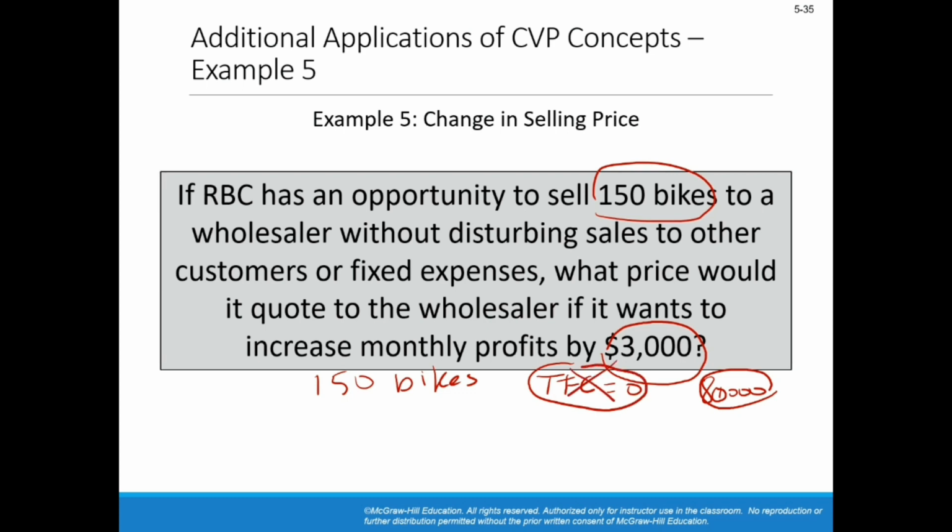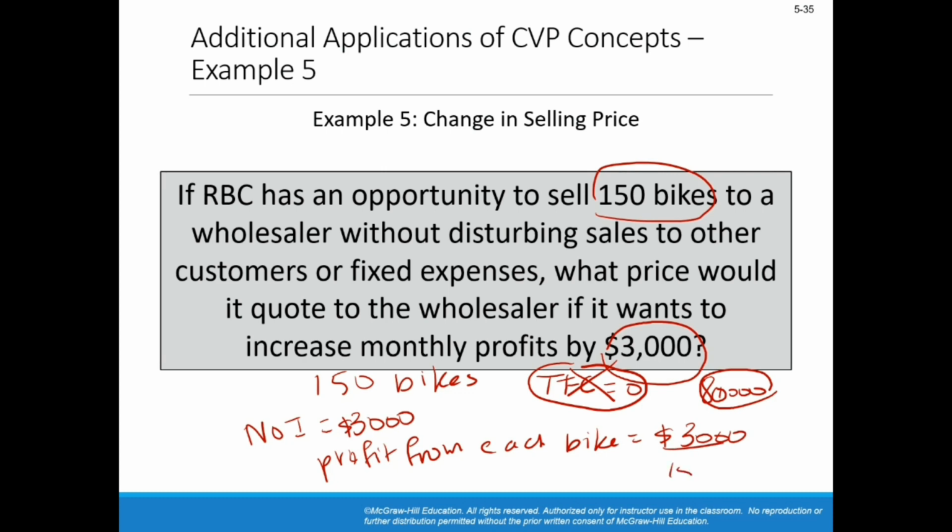We want an additional profit of $3,000 from these 150 bikes. So the profit from each bike is equal to the $3,000 divided by 150 units, right?